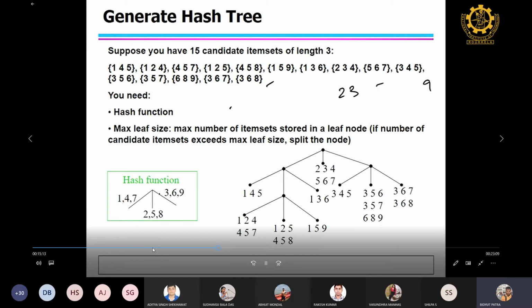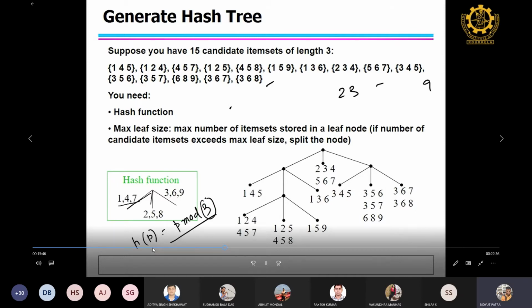This hash function is something like this. If it starts with 1, 4, 7, it will go on the left side. If it starts with 2, 5, 8, it goes in the middle. These are the items, because after arranging in lexicographic order, we gave numeric values 1, 2, 3, 4. Here the hash function is P mod 3. Why 3?